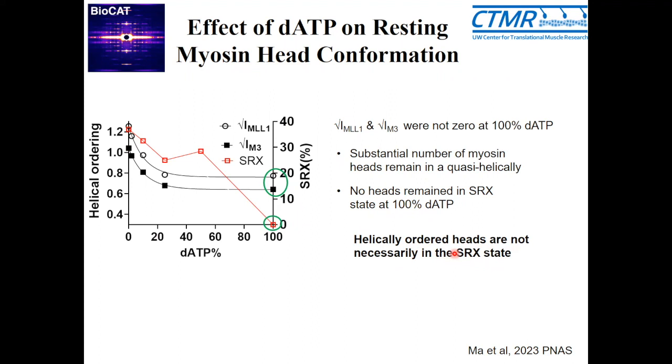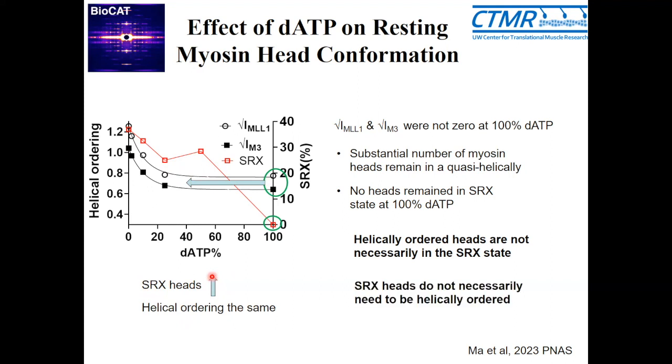Okay, next, follow with me. If we move from 100% to 25%, from here to here, you have no change in helically ordered state, but you have a significant change in the number of heads in the SRX state. So basically, the number in the SRX state does not affect the helical ordering. That means the SRX head does not necessarily need to be helically ordered.